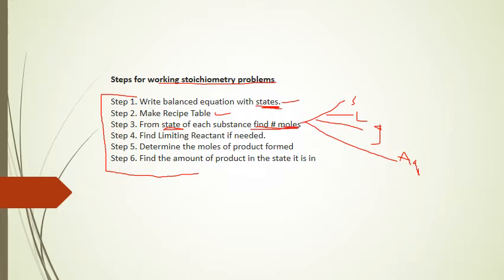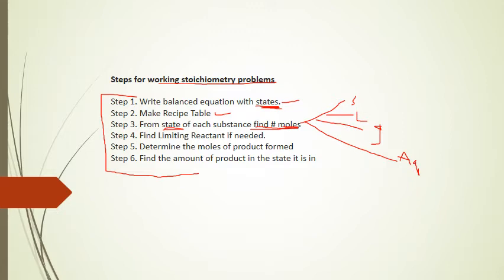So once you find moles, there'll be times when we're going to have to find a limiting reactant, and there was a short PowerPoint about how to do that. If you have more than one reactant, you have to figure out which one you're going to run out of first, and that material is what's going to determine how much product you make.